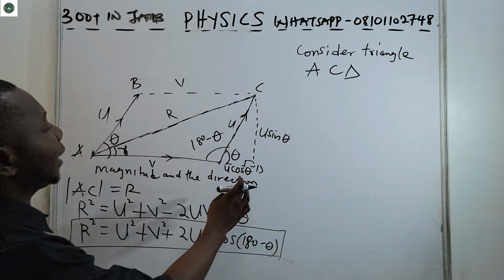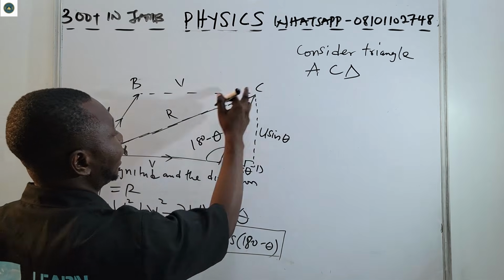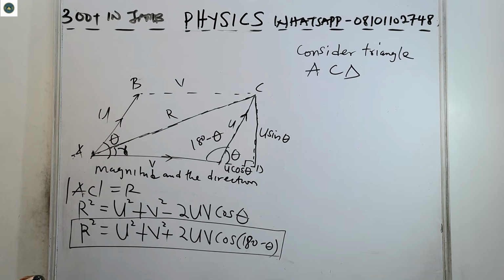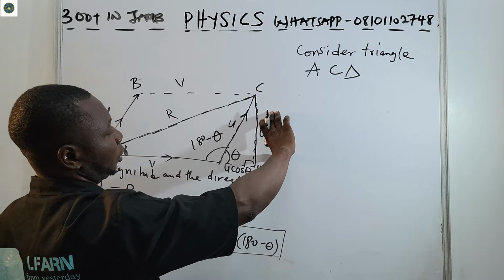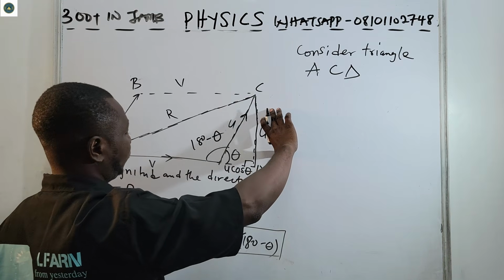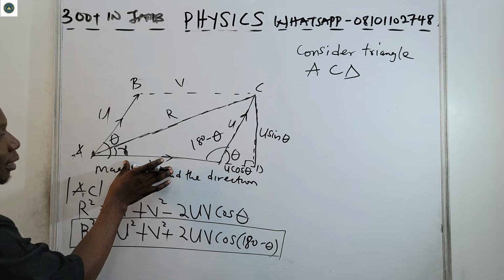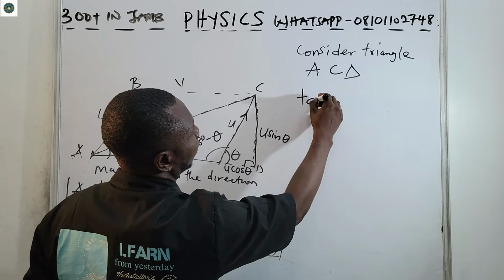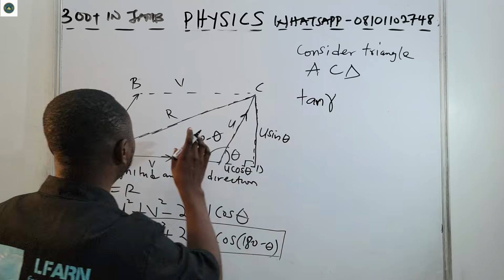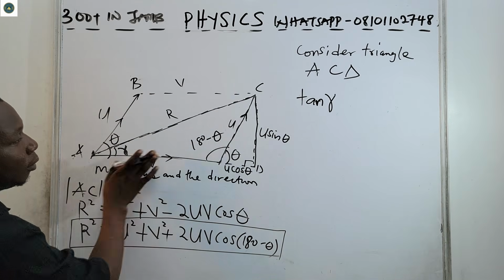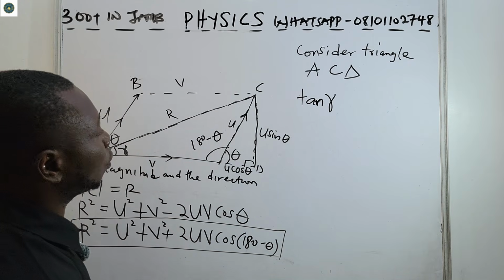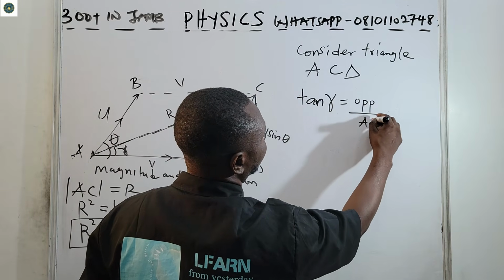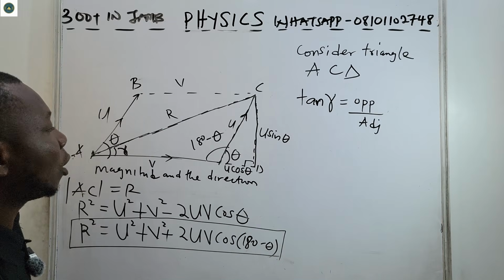Now, since it's a right angle triangle, because we are considering ACD, we have the opposite, the adjacent, and the hypotenuse. So we can say tan gamma, because gamma gives the direction in which the two vectors move. So tan gamma is opposite over adjacent.